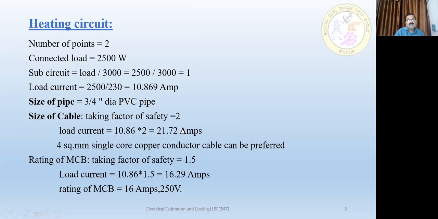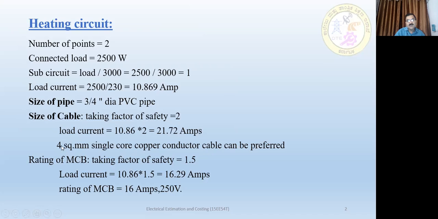Now for this load current, we have to select the cable. As in the table, the 4 square mm can carry about 27 or 28 ampere. So we can select 4 square mm single core copper conductor PVC insulated cable for the heating circuit.